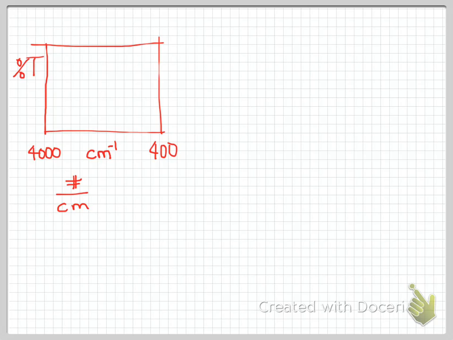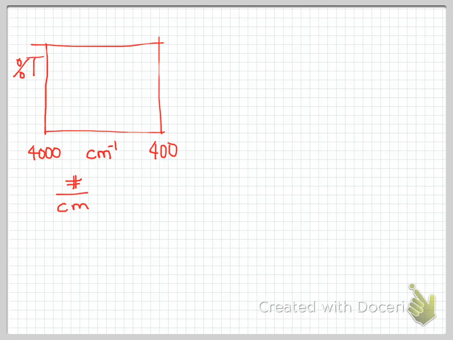So literally, when you say 4,000 wave numbers, it's 4,000 waves per centimeter. So these are relatively long waves. When we think radio waves, those are really long. But when we think light waves, those are actually nanometers. So these are actually in the range, it turns out, of microns.